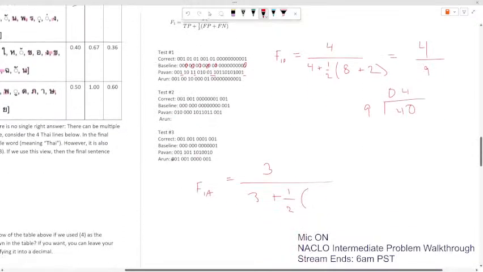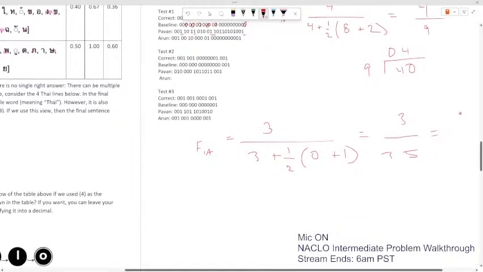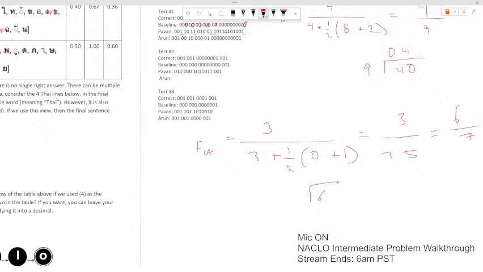So false positives here are none. 0 plus false negatives is 1. So it becomes 3 over 3.5. Which if we multiply top and bottom by 2, we get 6 over 7. Yeah, 6 over 7. 6 divided by 7.